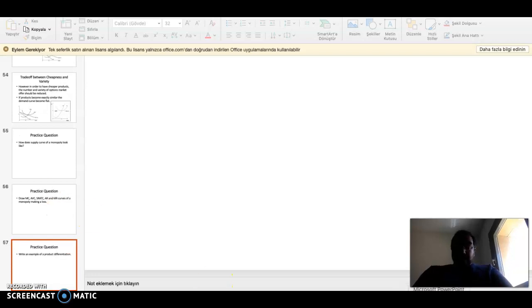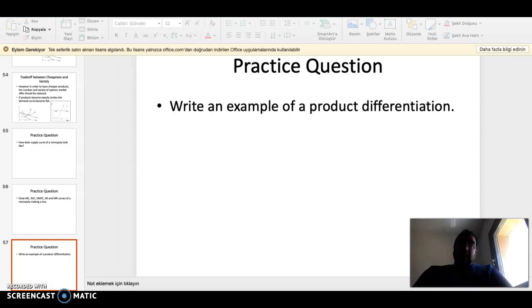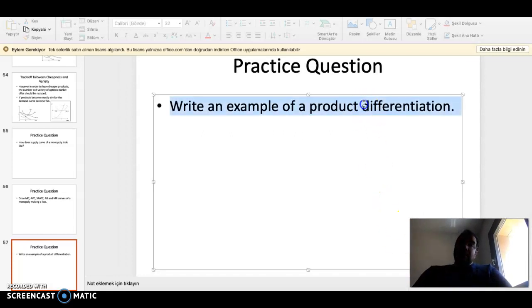So, write an example of product differentiation. Well, one example might be barbers, because for you, the experience you have in a particular barber shop will be different from another barber shop.